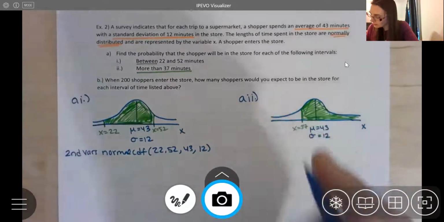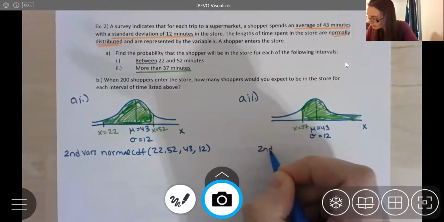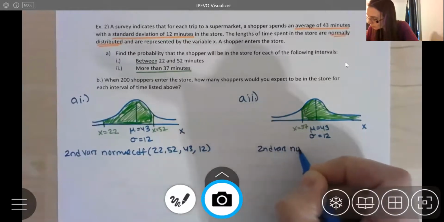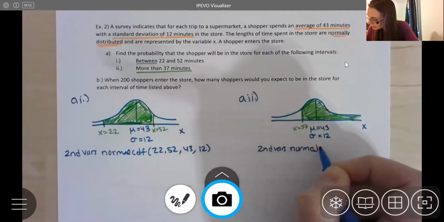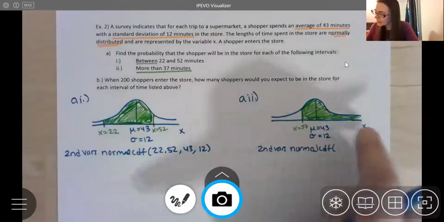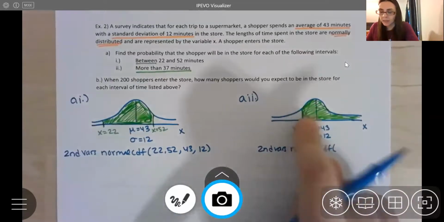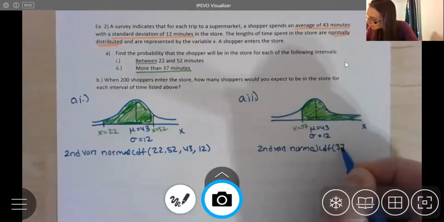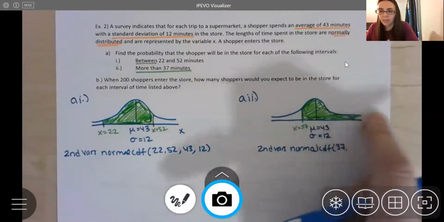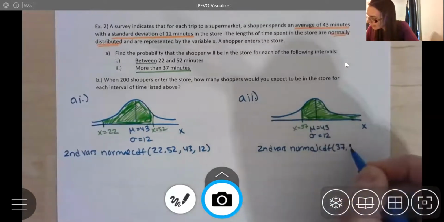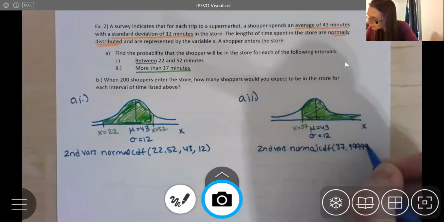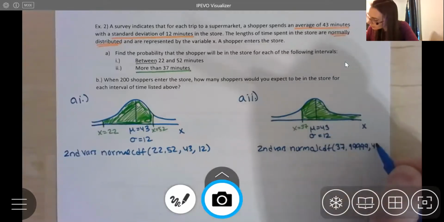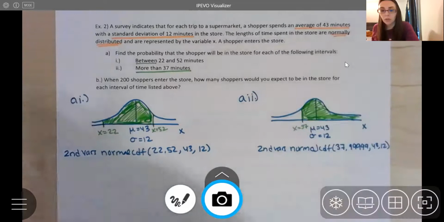For this one, again, we're going to do second VARS in that normal CDF. Here, our lower limit is 37. And we are unbounded going up, so it's going to keep going, so we can use a big number like 99999. Our mean is 43, and our standard deviation is 12.